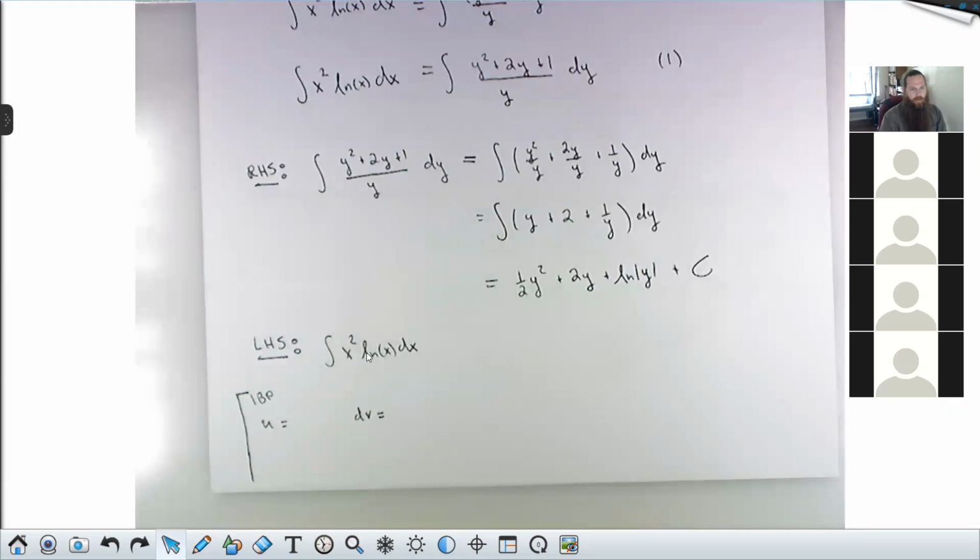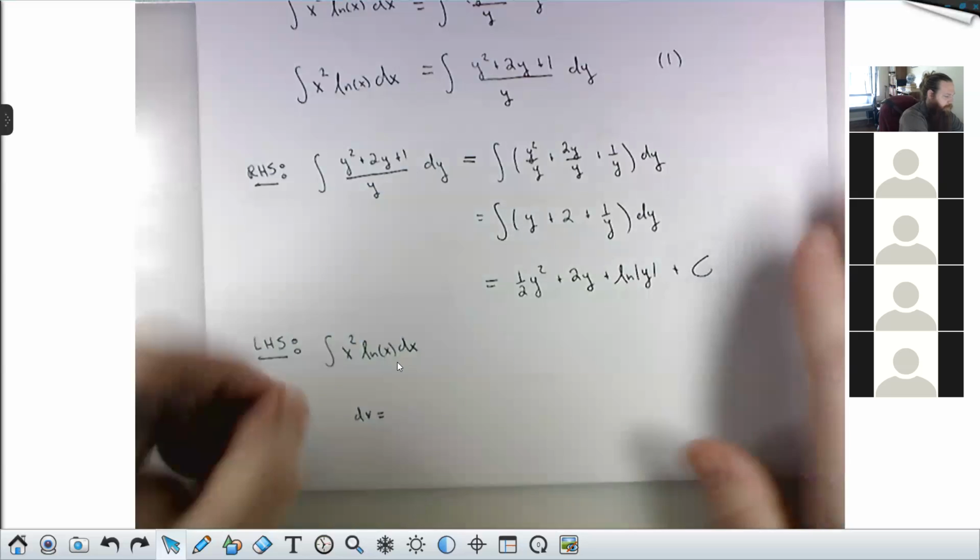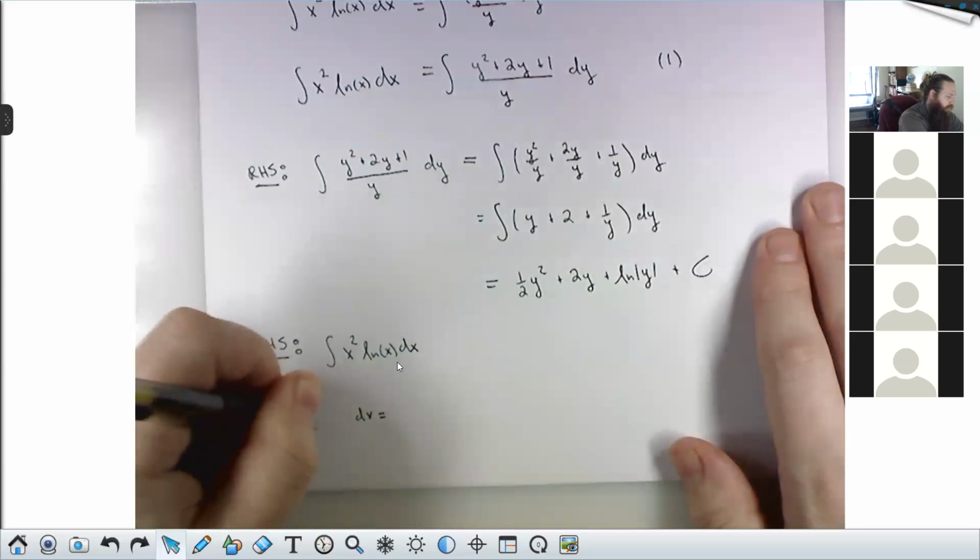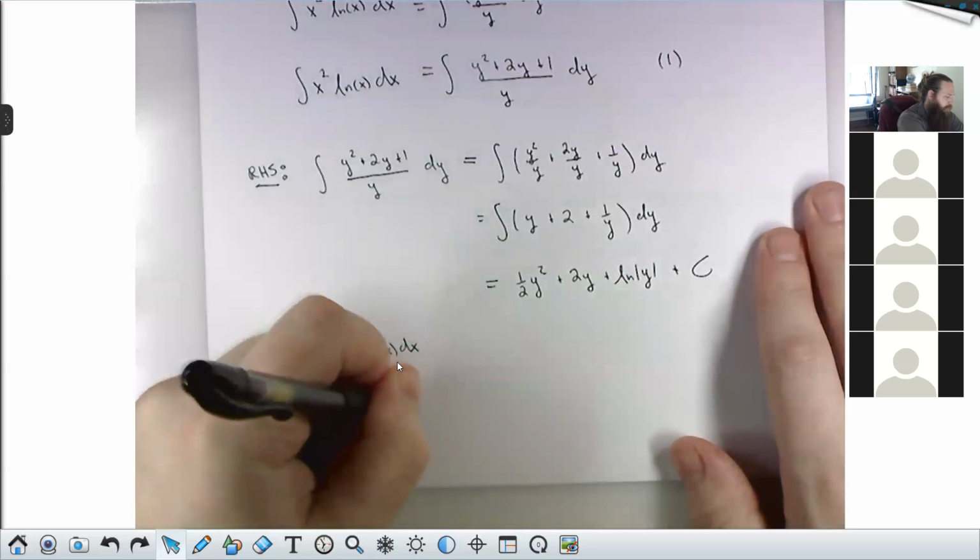Very good. And you can get there from the LIPET rule if you want, or LIATE if you learned it that way. If you're doing integration by parts with a function that involves a logarithm, that logarithm is going to be u 99% of the time. And then once you've chosen your u, dv is just everything else. So if u is ln x, then dv is x squared dx.